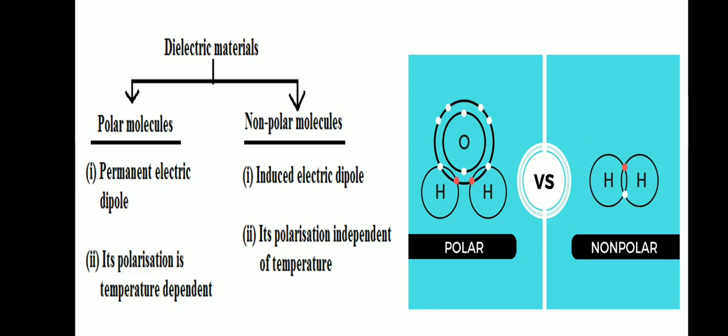Listen carefully: all dielectrics are insulators, but all insulators are not dielectrics. The band gap of dielectrics is very high and electrical conductivity is very low because there are no free electrons available for conduction.